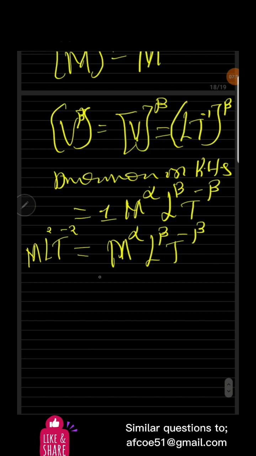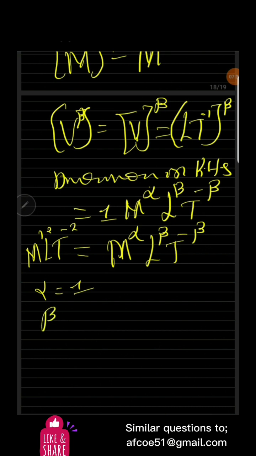From here we can start equating like terms, right? In indices, we will start equating the powers. So alpha has to equal 1, because the power of M here is 1.